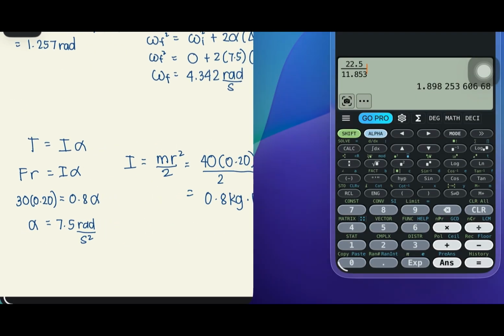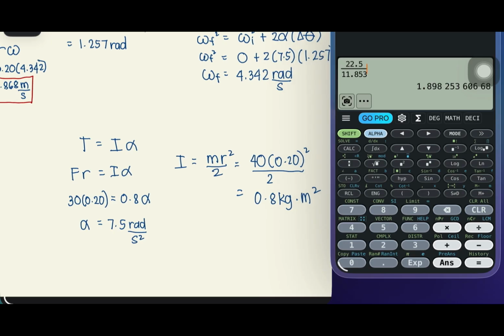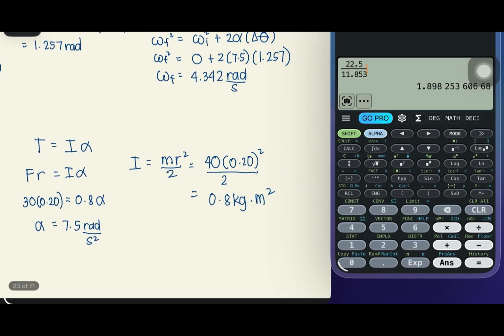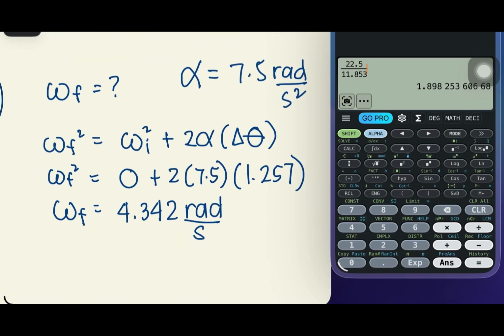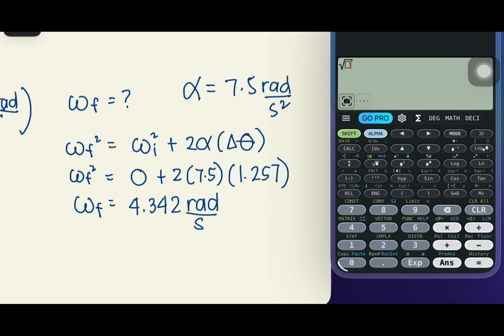Para ma-solve natin yung omega f, use your calculator. Square root, para ma-eliminate yung squared dito sa omega f. So, get the square root of both sides.